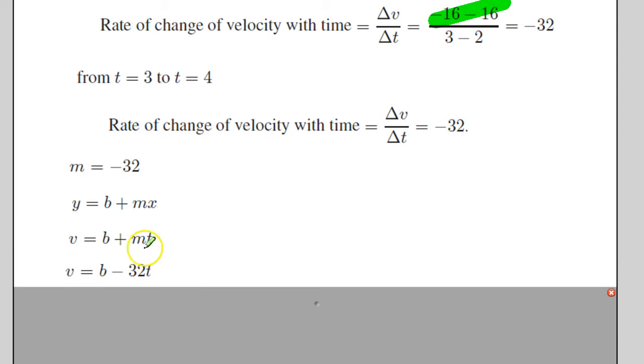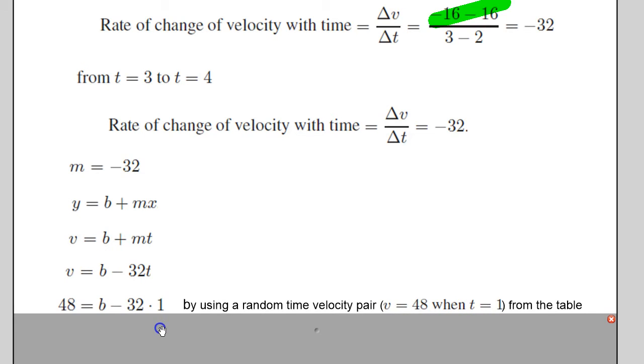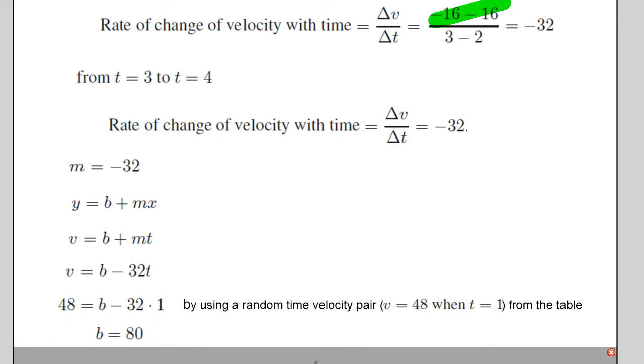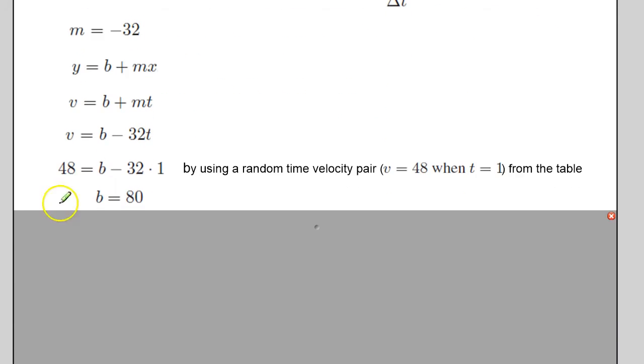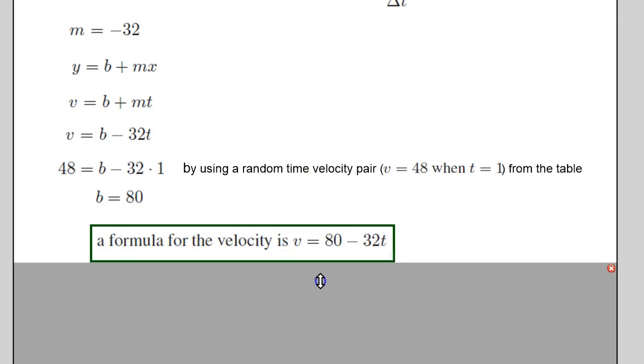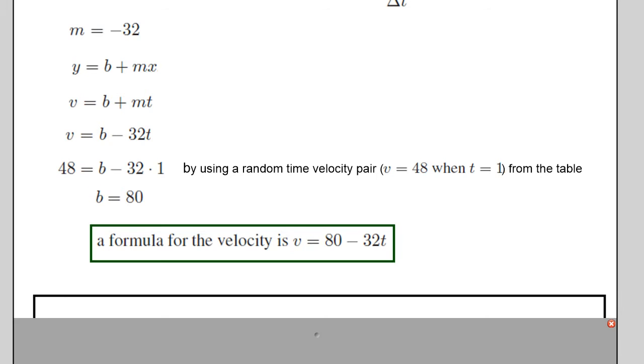Since m is negative 32, we have something that looks like this, and to solve for b, we just pick any one of the pairs. I picked the velocity of 48 feet per second when time is 1 and substituted it into the expression, and I got that b was equal to 80. So now I have a function that relates velocity and time in that graph, and that's that formula.